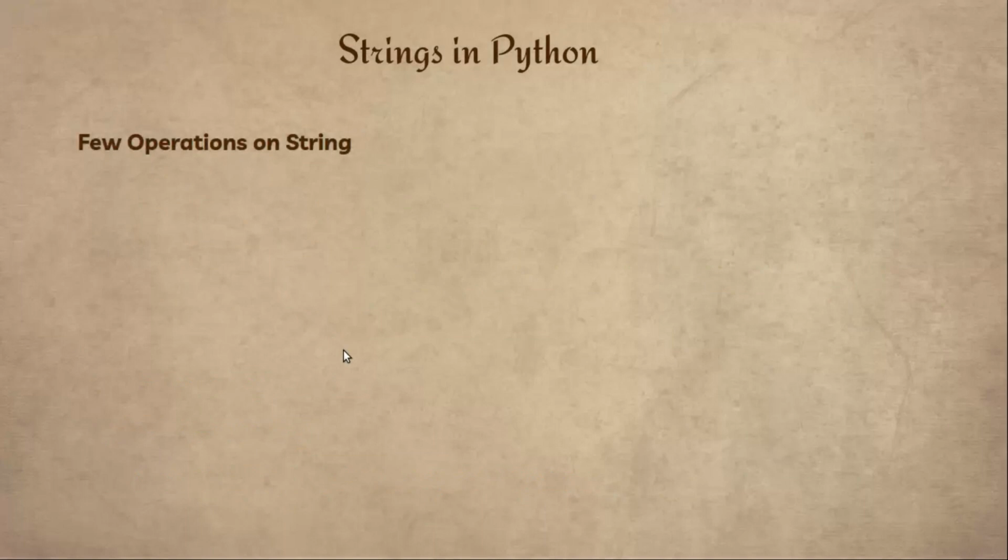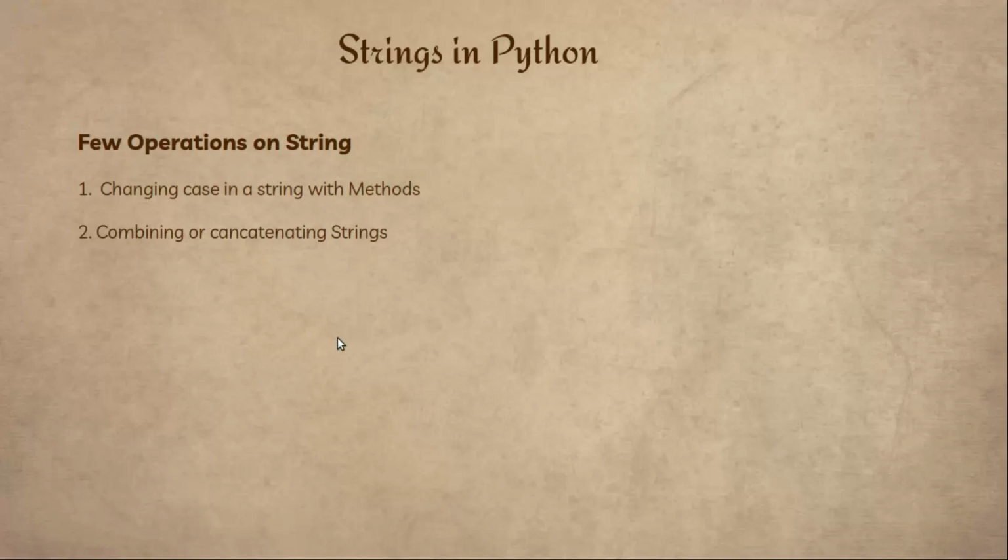Now we will look into a few operations that we can perform on a string. The first operation is changing case in a string with methods. What is case? Case means whether it's in lower case, meaning small letters, we will change it to upper case. If it is in upper case, we will change it to lower case. We're using a method. A method is an easy procedure that will help us do that, and Python provides a few methods, procedures for us, which will help us do this task. After changing the case, we will look into combining or concatenating strings.